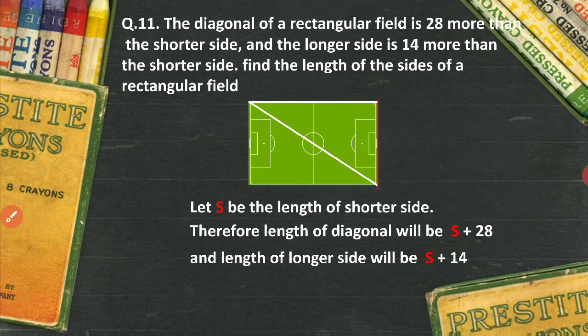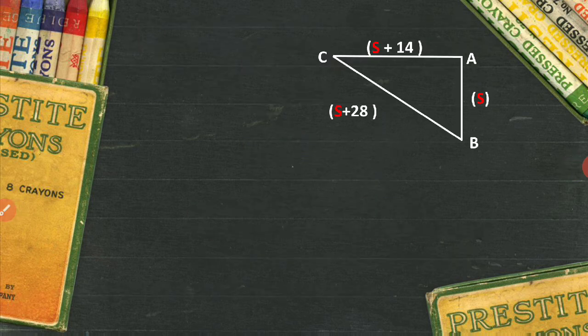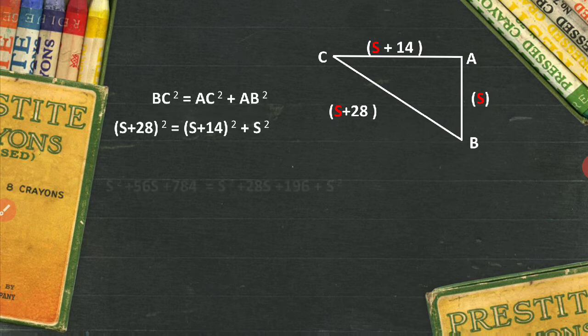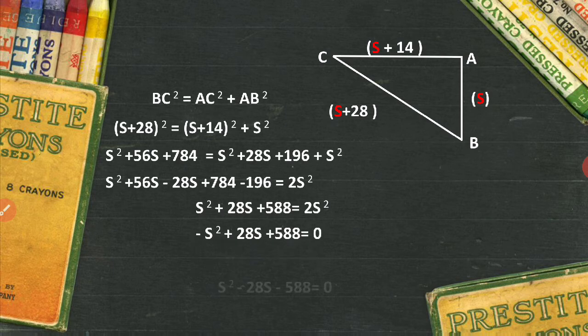So using this, we can use Pythagoras theorem, that is BC square is equal to AC square plus AB square. So the square of the hypotenuse is equal to the sum of the squares of the other two sides. That is what is written, and this is pure mathematics, just calculation over there.